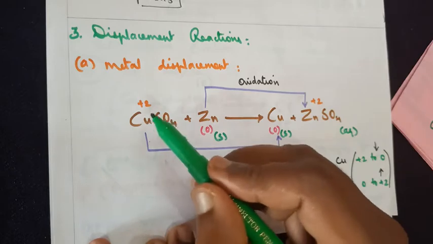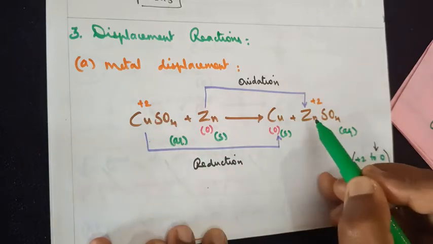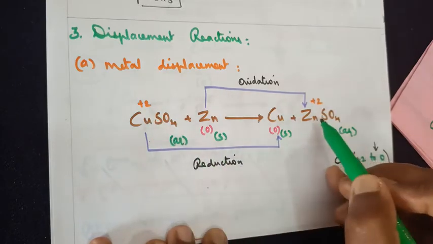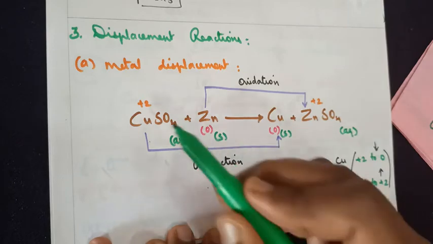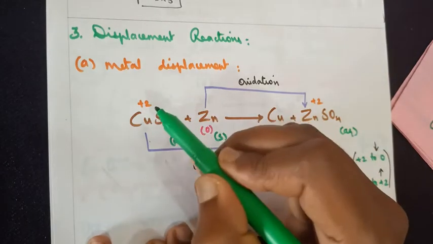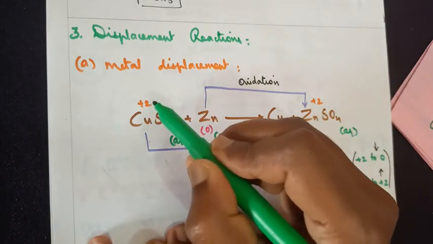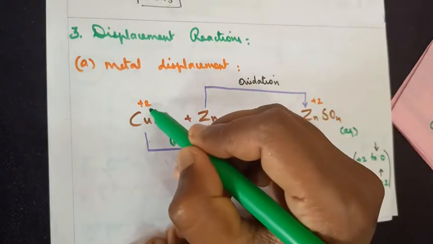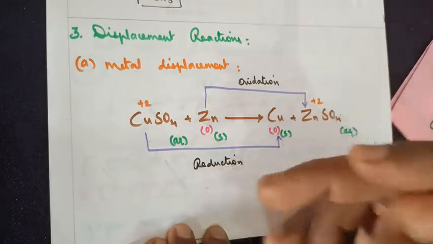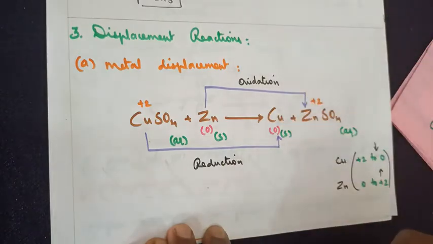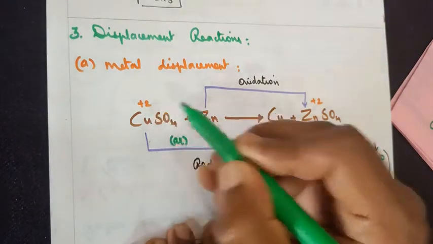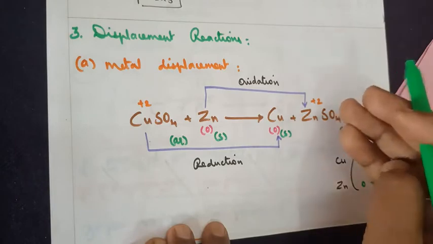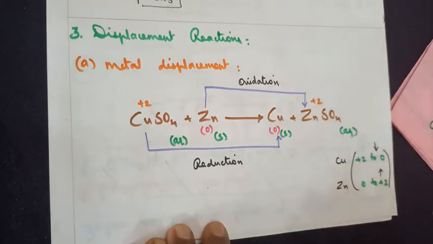All you have to remember is in terms of copper and zinc in this case. Copper, another clue you can remember, will always lose 2 electrons. I have also told you the plus sign stands for losing electrons, the minus sign stands for receiving electrons. So copper and zinc will always lose 2 electrons here.